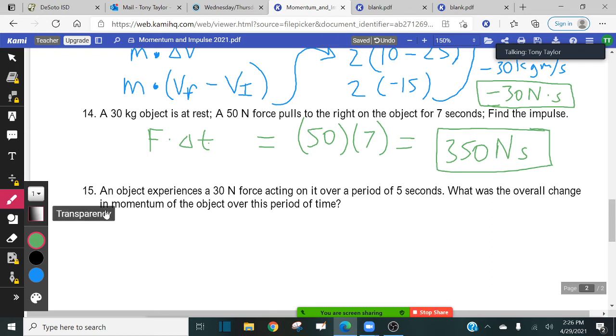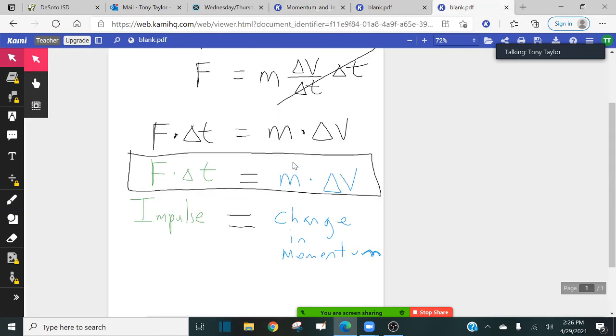Lastly, number 15 says an object experiences a 30 Newton force acting over a period of 5 seconds. What was the overall change in momentum of the object over this period of time? Well, in order to calculate change in momentum, we need mass and change in velocity.